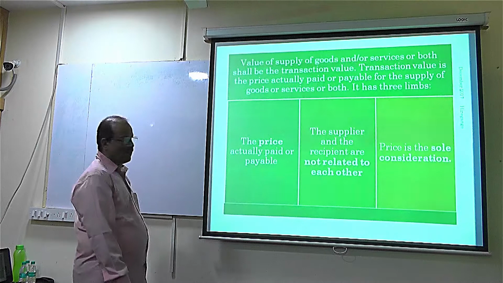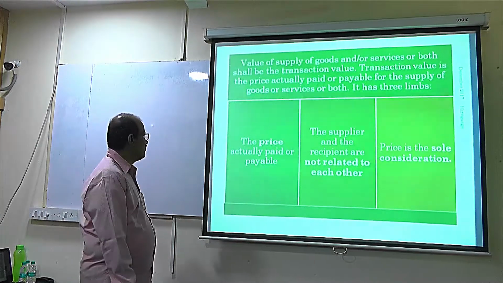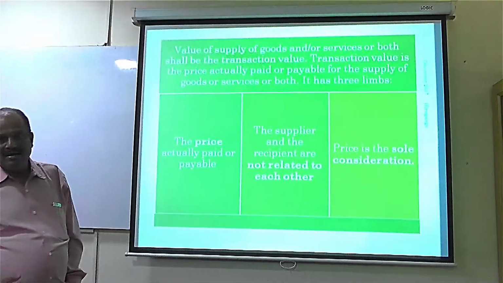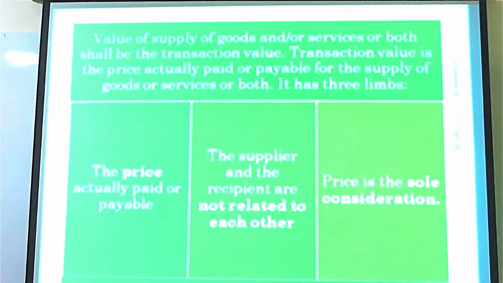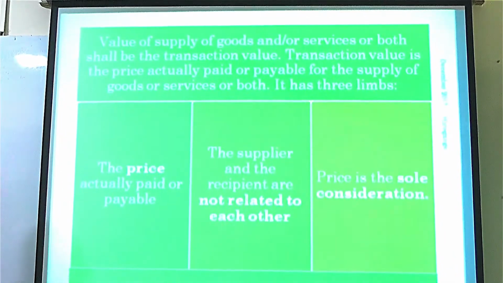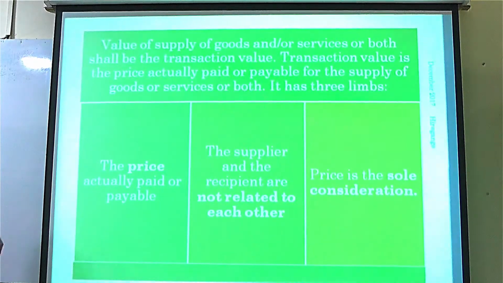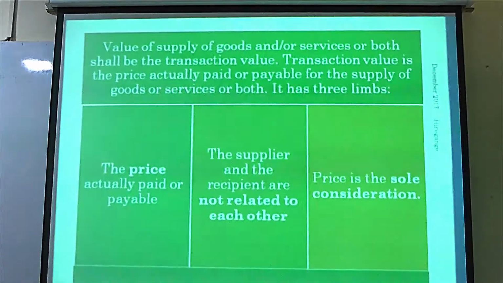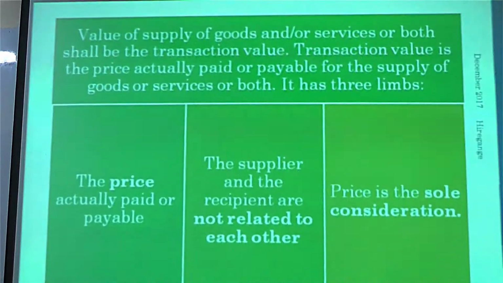Now we look at the transaction value. It has three limbs. The first limb is the price actually paid or payable. The second limb is the supplier and the recipient are not related to each other. Both of them have to be independent, and the price has to be determined at what we call arm's length.